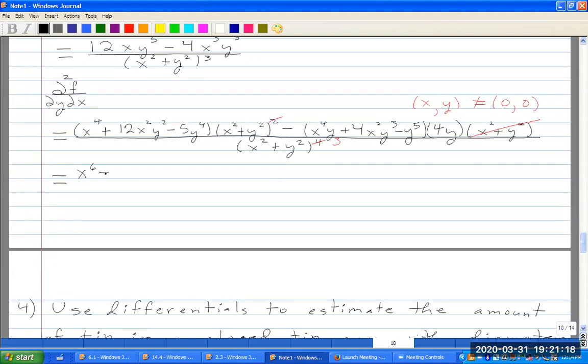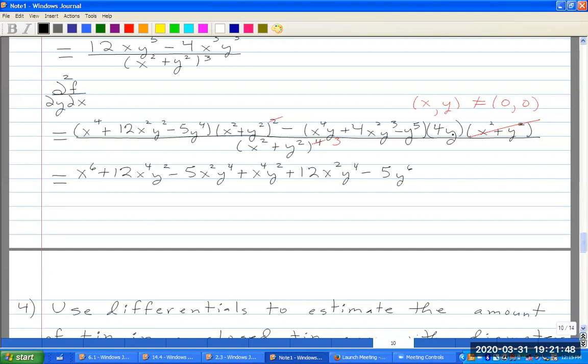So that becomes x to the 6th plus 12x to the 4th y squared minus 5x squared y to the 4th. Multiply everything now by y squared, x to the 4th y squared plus 12x squared y to the 4th minus 5y to the 6th.